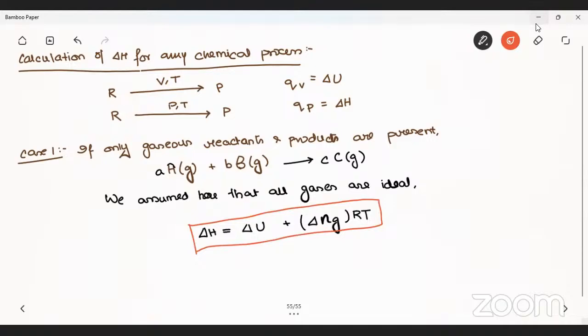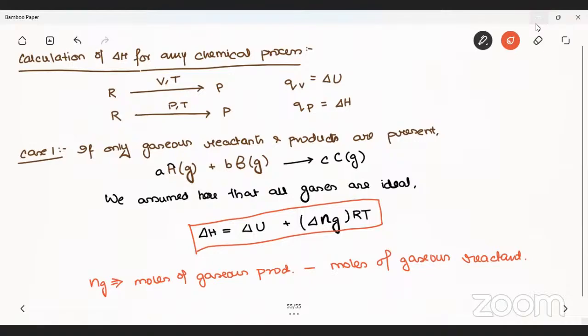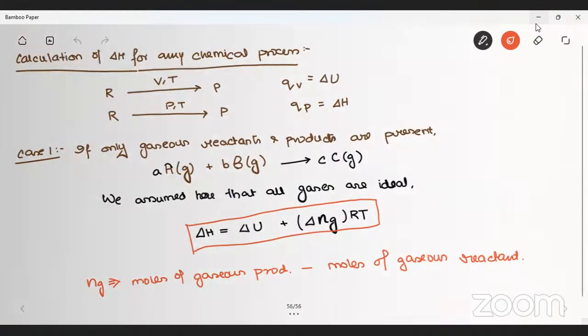What is delta Ng? Delta Ng is the moles of the gaseous product minus moles of gaseous reactant. Is this part clear? Moles of the gaseous product minus the moles of the gaseous reactant, and we get this kind of formula. We have to just remember this formula.